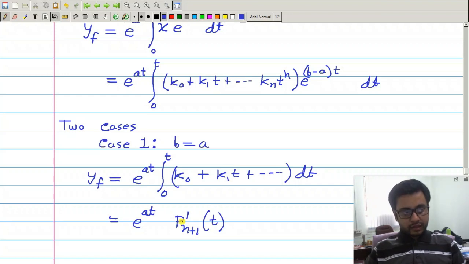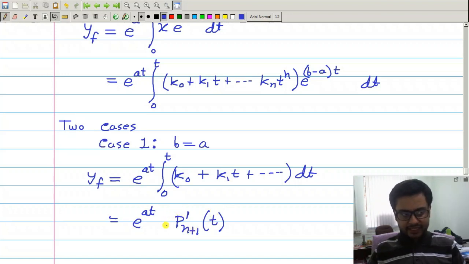Here the exact form of this polynomial, or the coefficients inside it, can be found, and that will depend on this k0, k1, etc., but I'm not going to do that.